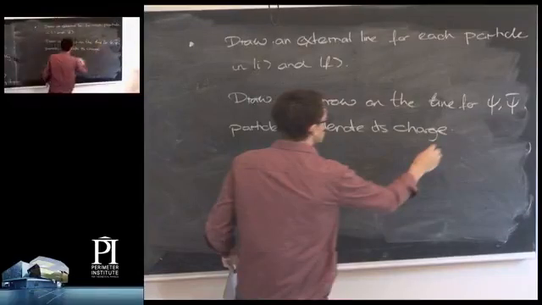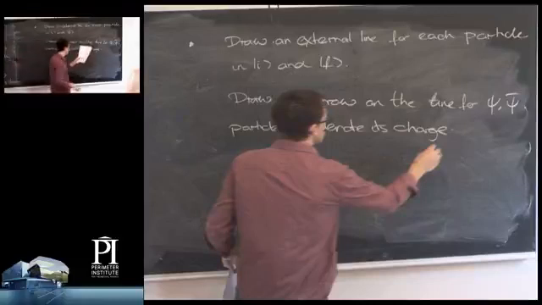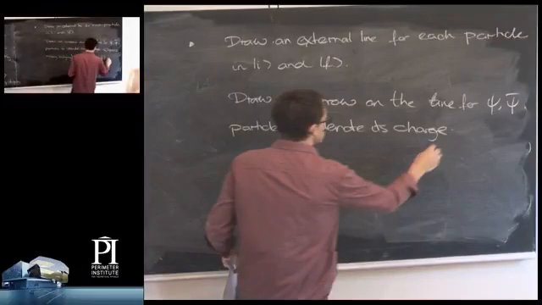And we just need a choice for this. So the choice we're going to take is that if we have psi particles in the initial state, we're going to draw the arrows coming into the diagram. If we have psi bar particles in the initial state, the other way. So this is just a convention. Choose incoming or respectively outgoing arrows for psi, respectively psi bar particles in the initial state, and the opposite for the final state.